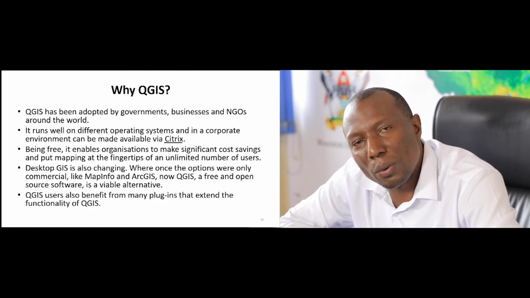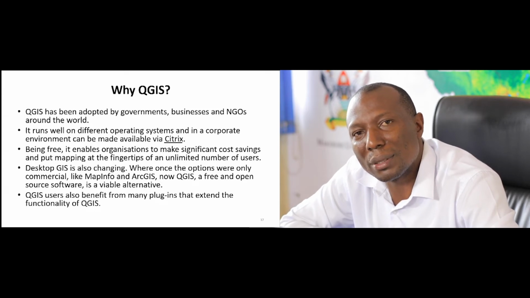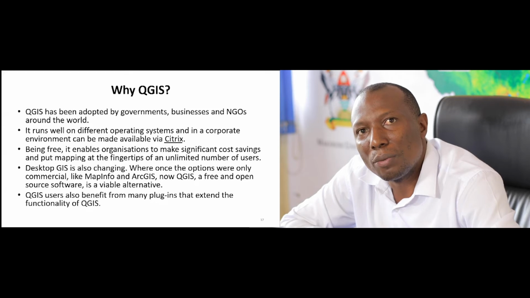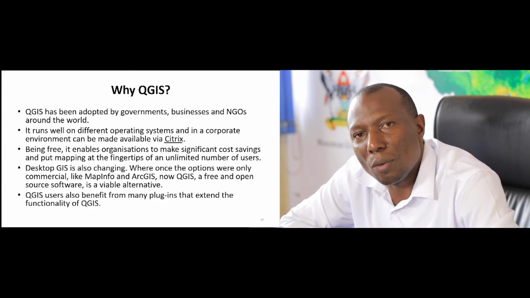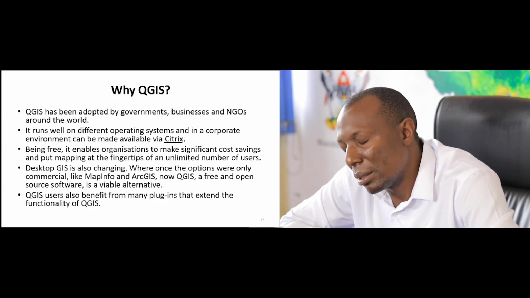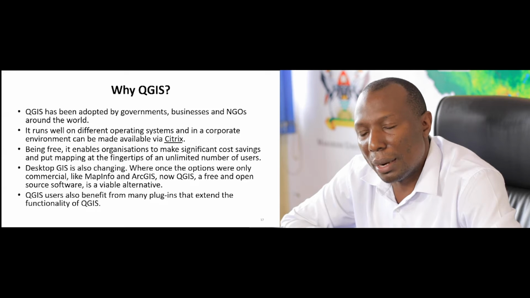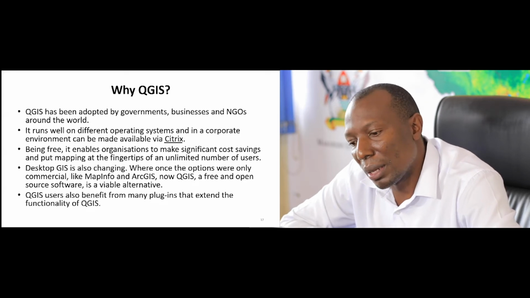But most of you, when we train you, start running around for data, for software, for machines. What is critical for me or for you is to have the knowledge of GIS. If you have this knowledge, you can get a laptop wherever you are and start working.